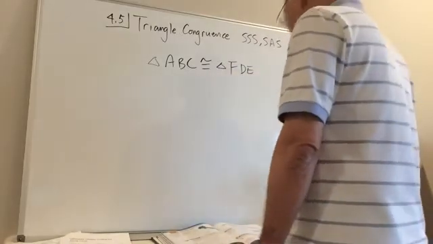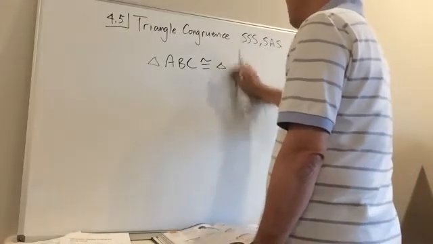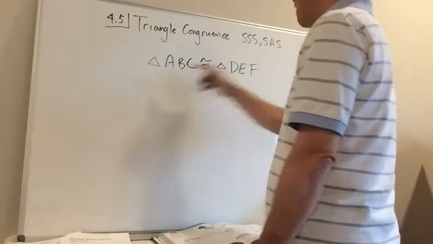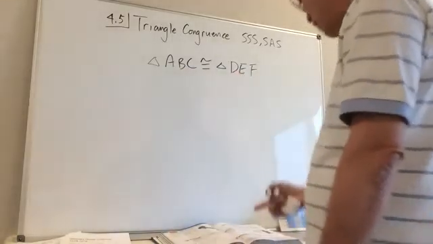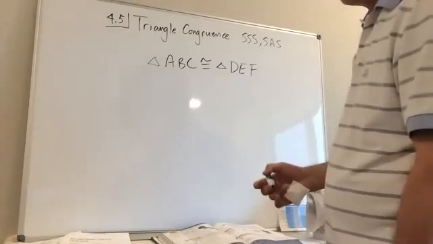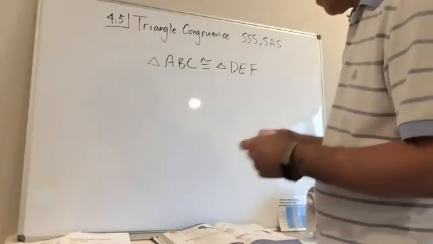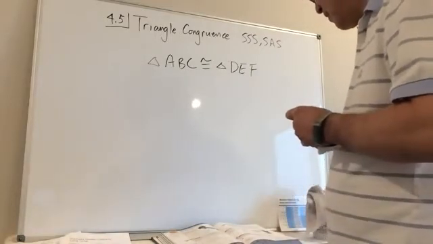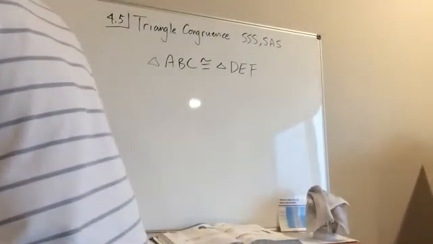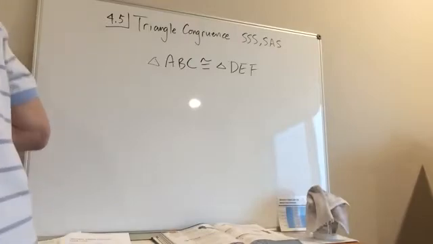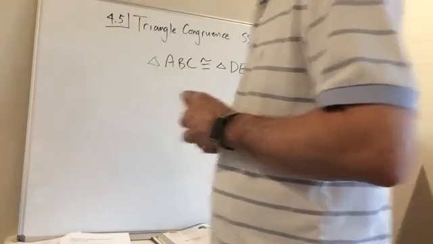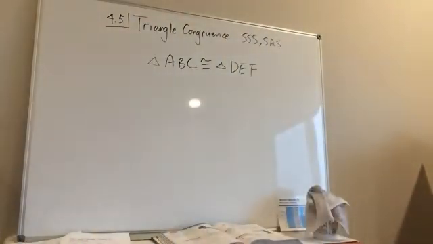Can I write this as DEF, in order, ABC, DEF? Can I do that? I heard a no. Somebody said no. Why not? By the way, no is the correct answer.